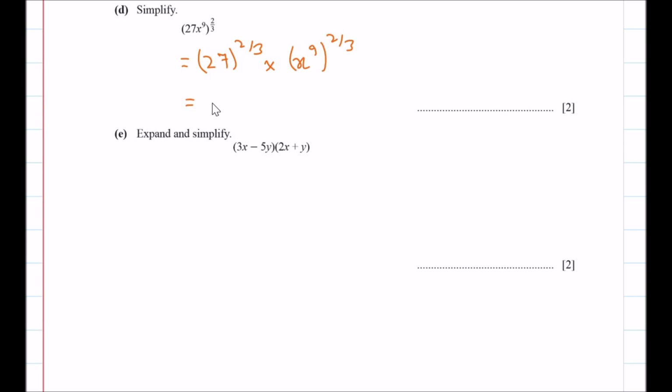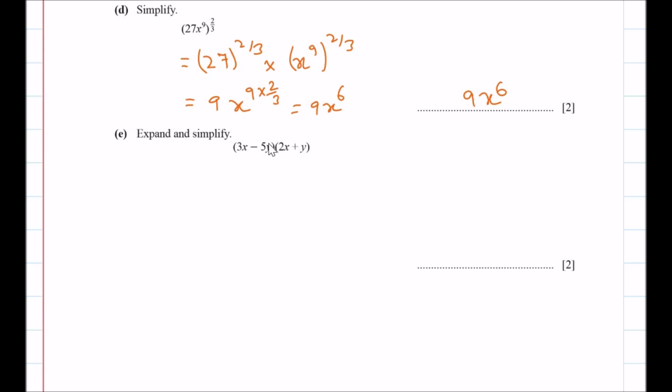So 27 to the power 2 by 3, if we put it in the calculator, the calculator gives us 27 cube root is 3, and then we'll do a square, so 3 square is 9. Now x to the power 9 into 2 by 3. Power of power, in that case we need to multiply the powers. 9 into 2 by 3 is 6, so 9x to the power 6. So here we will be writing the answer 9x to the power 6.